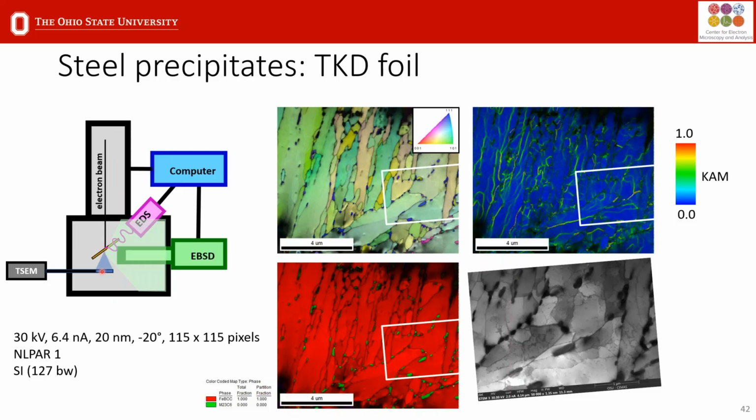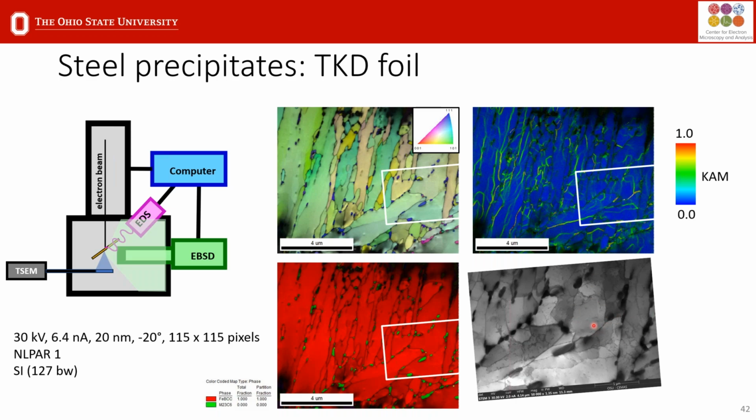And then lastly, using this transmission STEM detector, we can map out over that same area, we can see the position of the precipitates, we can see the subgrain boundaries, and we can also see these smaller dislocations that might not necessarily cause a rotation of the crystal, and therefore will be invisible for EBSD analysis.